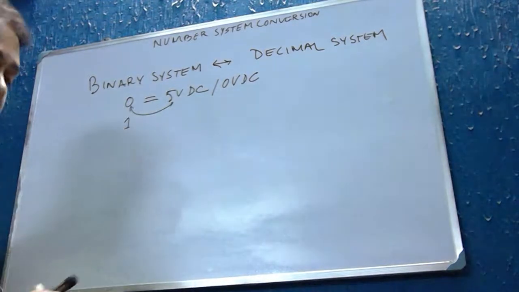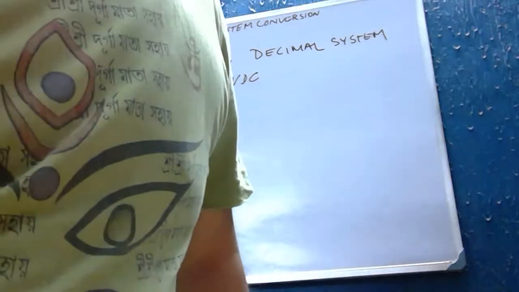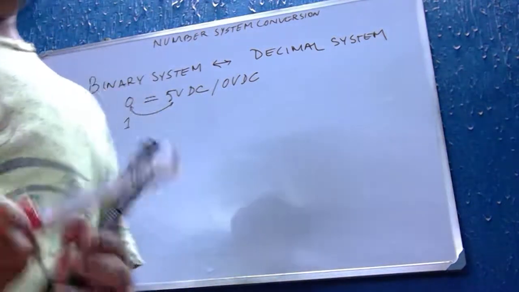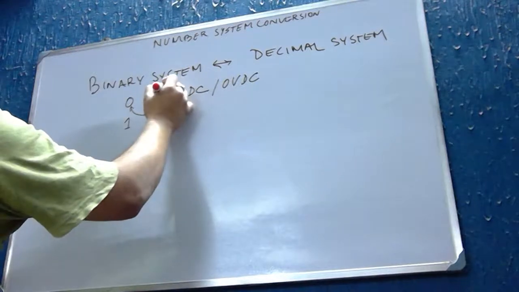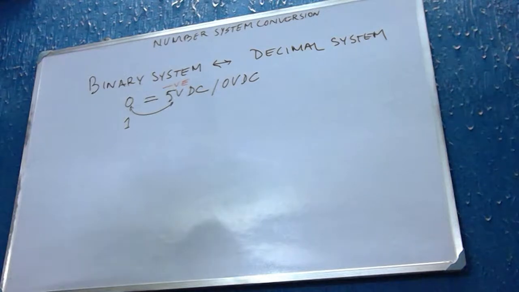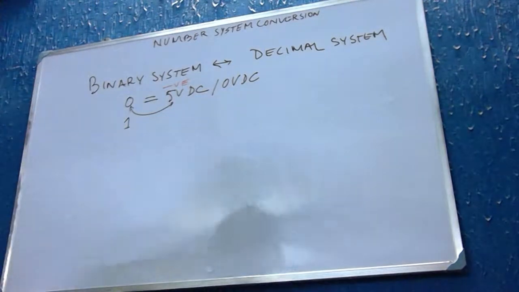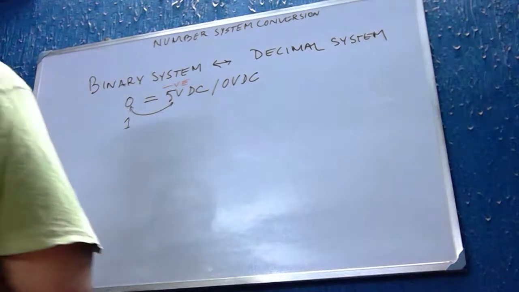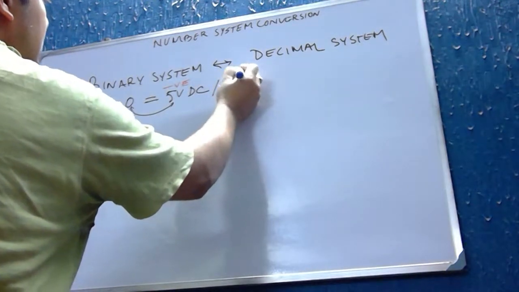So you can call this, I'll use a different ink for your benefit, a negative voltage logic, right? And in some cases where 0 volt is corresponding to minus 5 volt DC, 0 volt DC, it is called a normal ground.